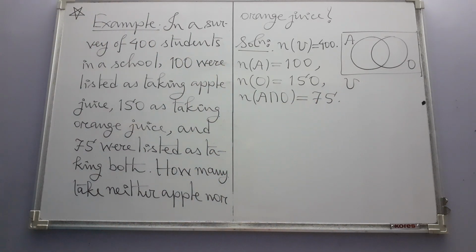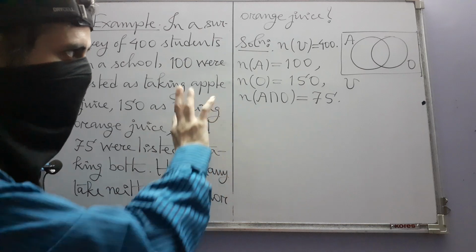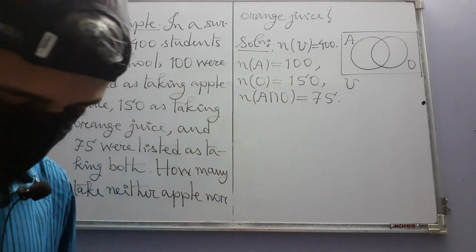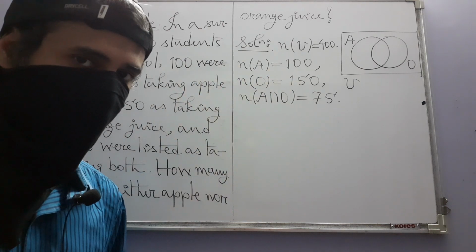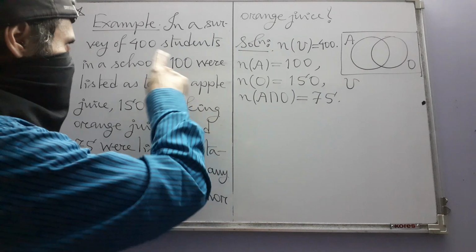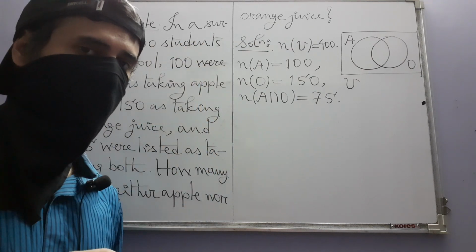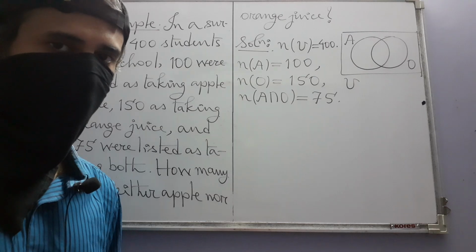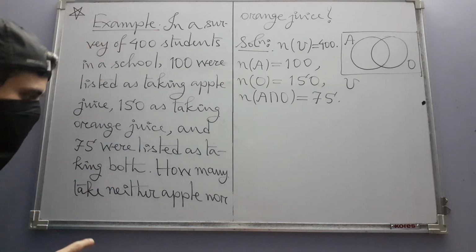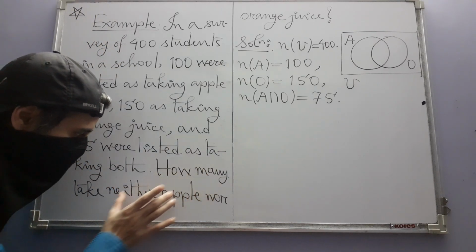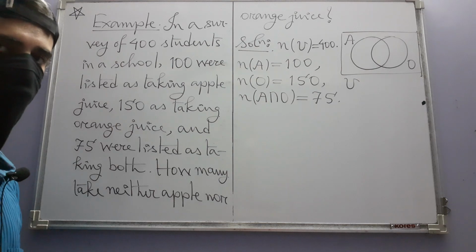All right. Now, after having all these things, it is not said that each of these 400 students like to take either apple juice or orange juice. That is not given. And in fact, instead of that, we have been asked to find how many like neither.